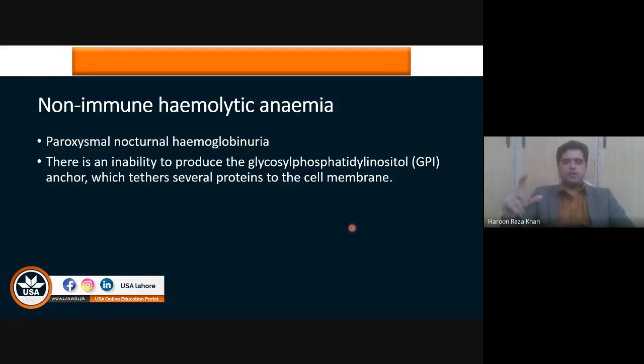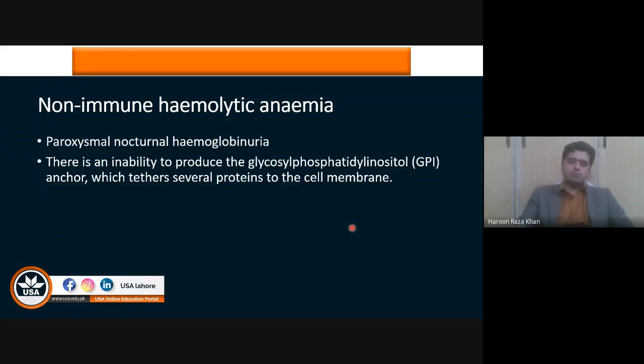Apart from that, another important drug which can be given in this patient is eculizumab. Eculizumab is actually a monoclonal antibody that binds to the C5 component of the complement and prevents its activation and reduces the hemolysis.